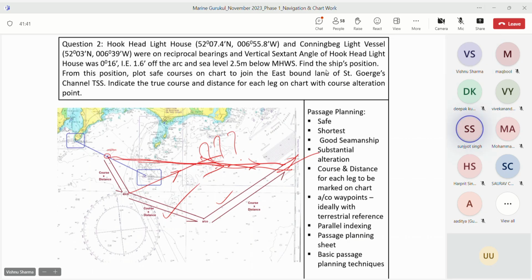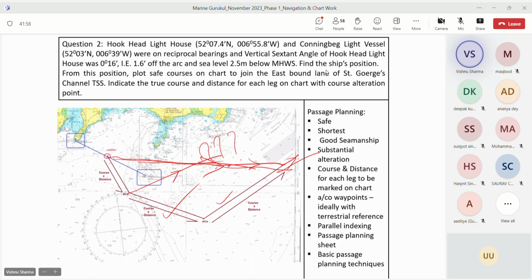Excuse me, sir. Yeah, tell me, Ananya. Sir, in the answer sheet, do we have to plot the figure? Yeah, you have to draw the passage plan sheet. If you can recall what you were using on ship, you can draw that.